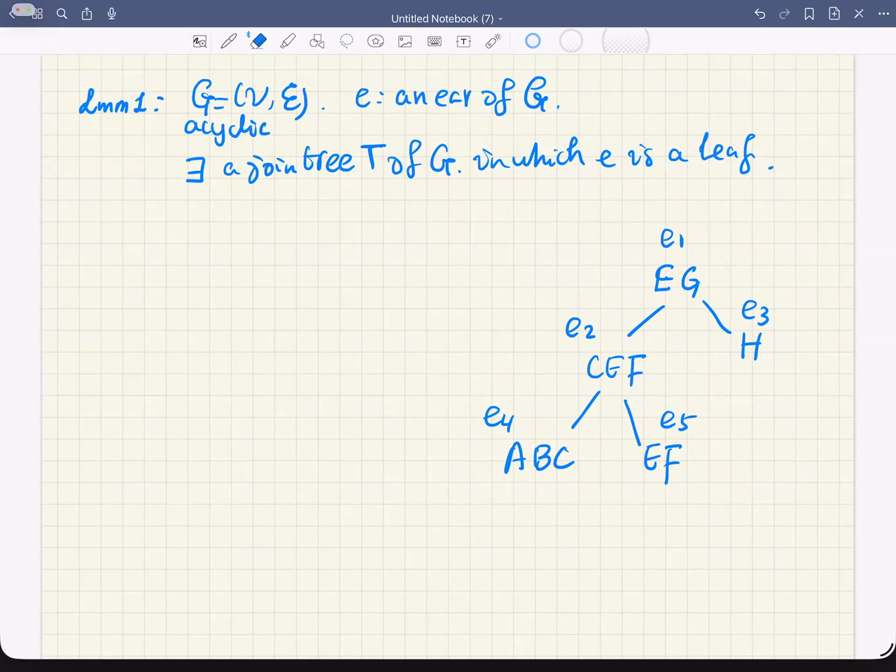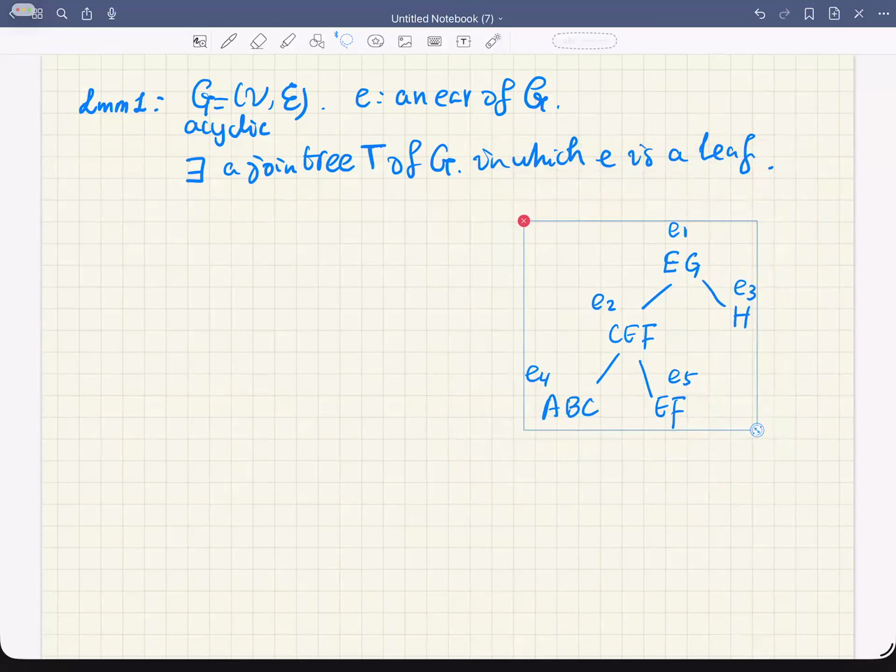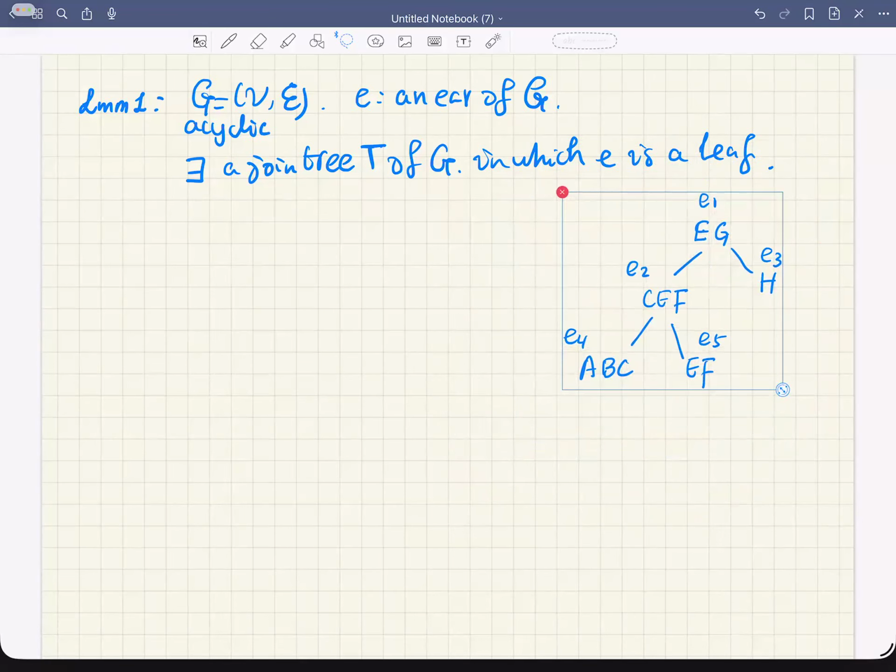So what if I say you have to find me another join tree, and in this join tree, E1 is a leaf? Are you able to do that? Let me show you how to do this, because this is also a procedure that we're going to utilize in the proof.